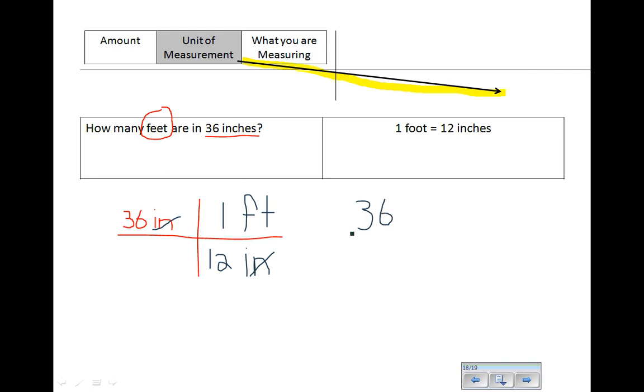And that will be divided by everything multiplied together on the bottom. We don't have a number here, so all we have to do is put 12 down here. 36 divided by 12 is equal to 3. Inches have canceled out. We are left with the unit of measurement of feet, so the answer will be 3 feet.